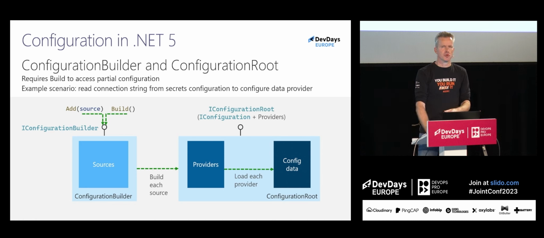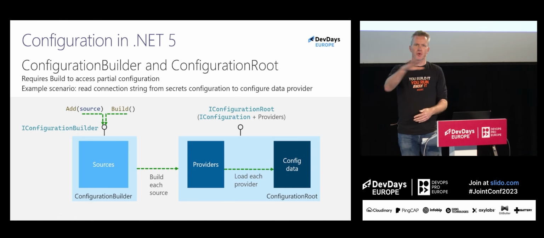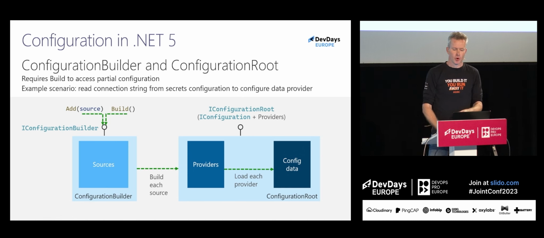The IConfigurationRoot is IConfiguration, but also with access to the providers. Normally you would use the IConfiguration, and even better, you would map that into or bind that to objects that hold the configuration data. But the build is a thing because you are building up, and if you're going to go to Azure Key Vault, you might need to provide credentials like client ID and secret and the URL of a key vault, or it might be something else, a database that you want to connect to get some data, or Azure App Configuration, or your AWS or GCP services.